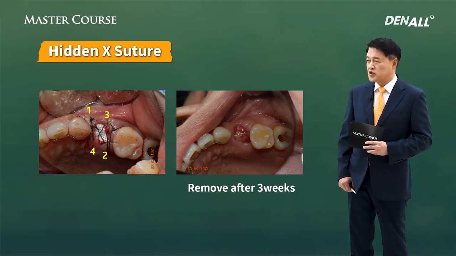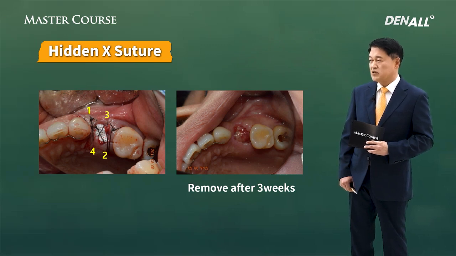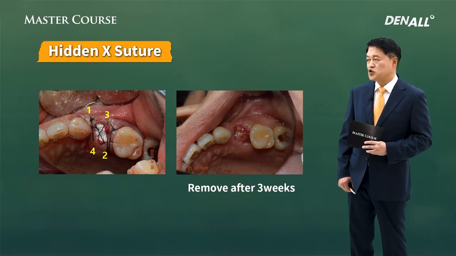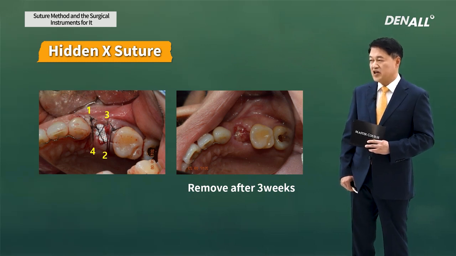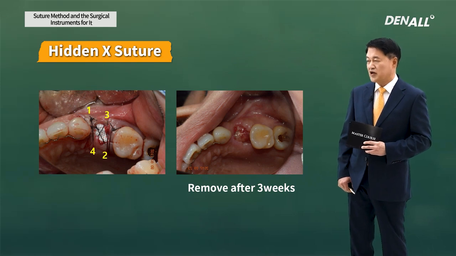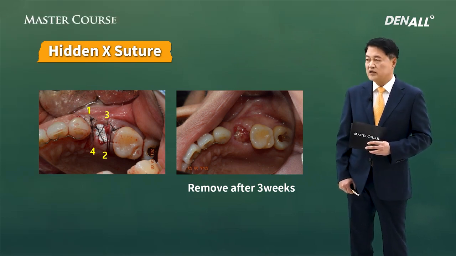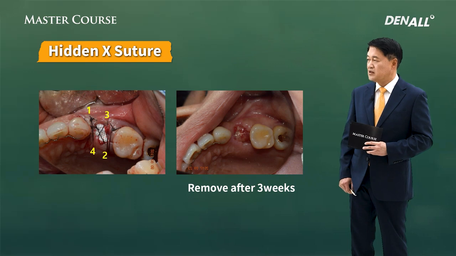So mesial-buccal side, you go in, on the top part of the membrane, and distal palatal, you go out, and on the distal buccal, you go in, and mesial palatal side, you go out. And you see two lines on the outside, and it has stabilized the membrane in position with the X shape.